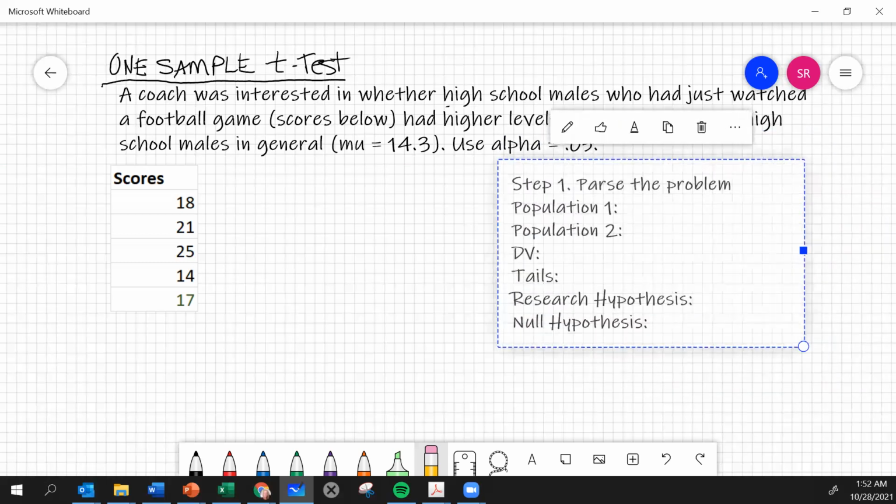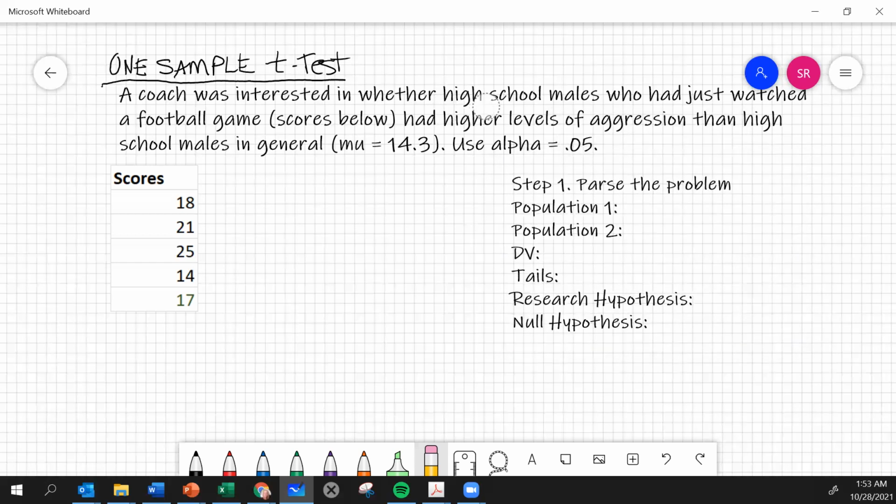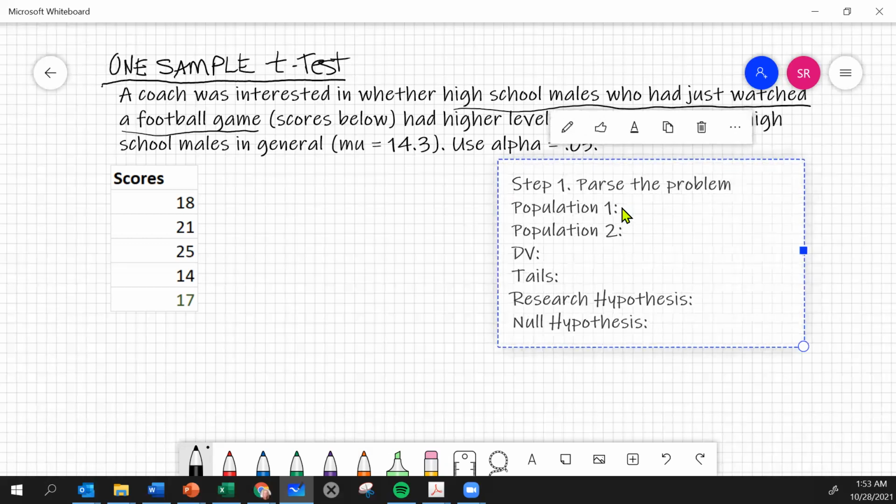So step one, we're going to figure out what our situation is. Population one, it appears, is these high school males who had just watched a football game. This is the group that is different from the population in general, because they had just finished watching a football game. And so we should be able to just type this in here and save a little time.